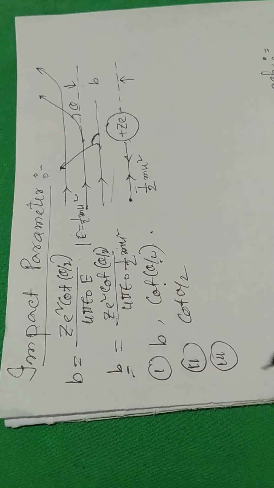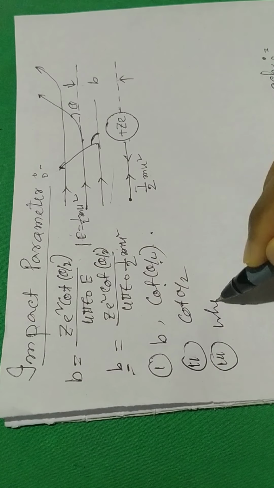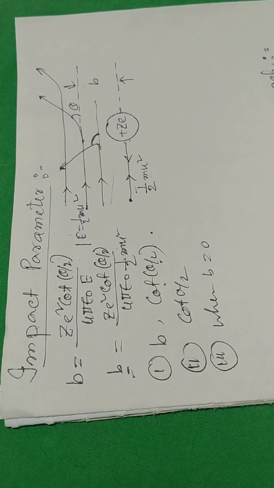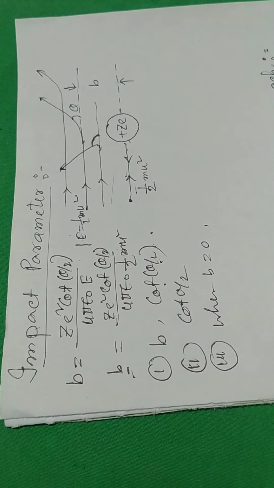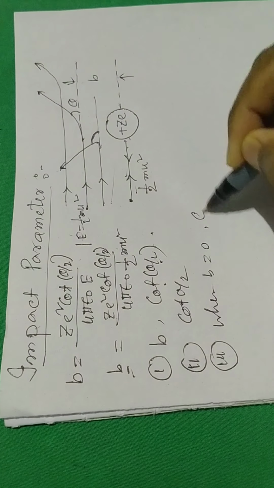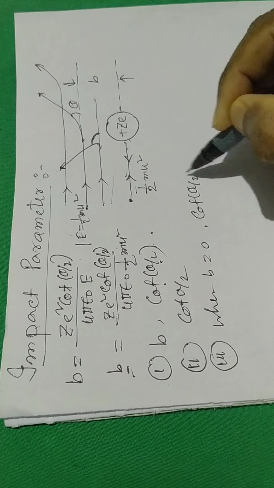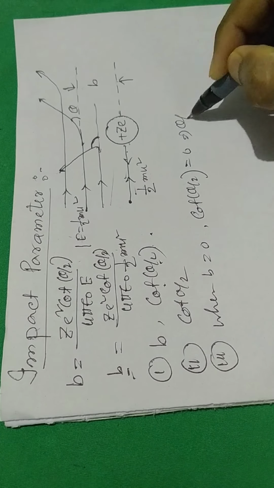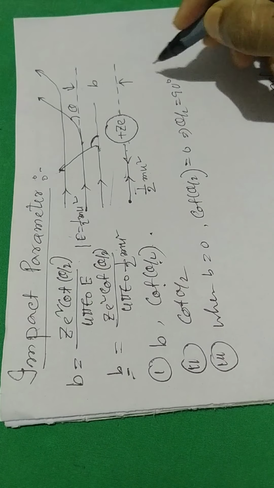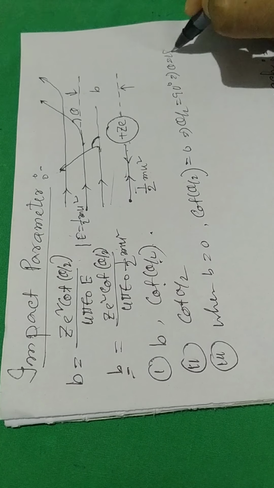Number 3, when b equals 0, that is, if the impact parameter is 0, the alpha particle is directed towards the center of the nucleus, then cot(θ/2) equals 0, so θ/2 equals 90 degrees, then theta is 180 degrees.